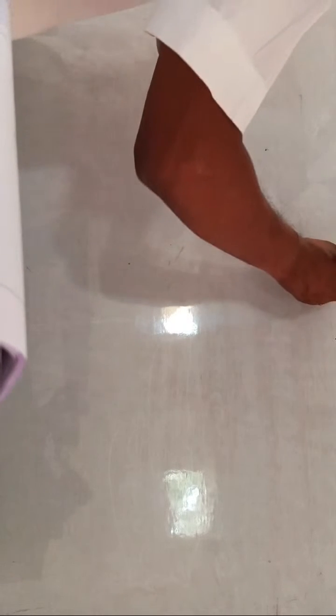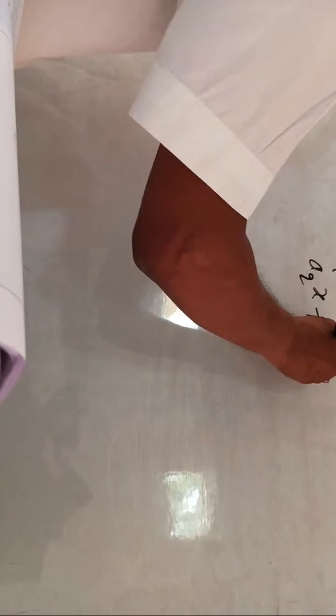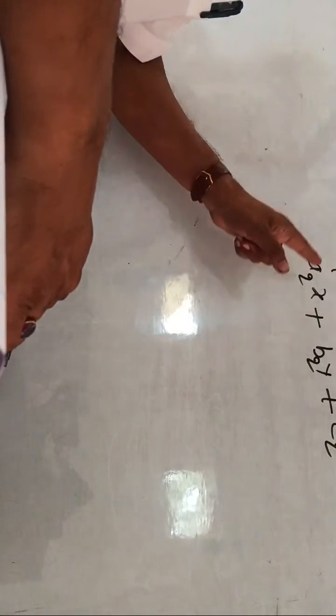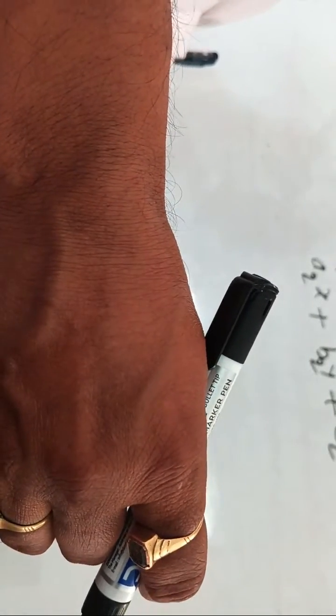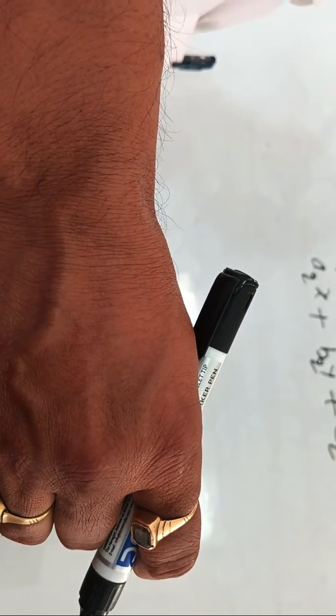Now in the second equation, the coefficient of x is a2, the coefficient of y is b2 and the constant term is c2. Here it is a1, b1, c1, here it is a2, b2, c2, right? Now we have to find the value of x and y.